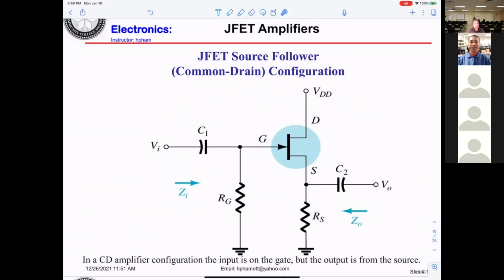Why do they say source follower? Who can tell me? Why do they get the name source follower? V out something.